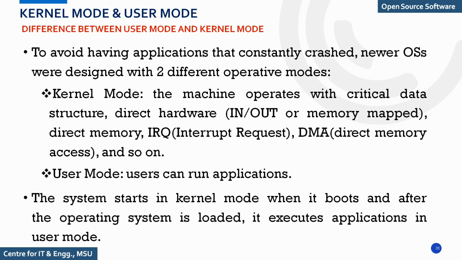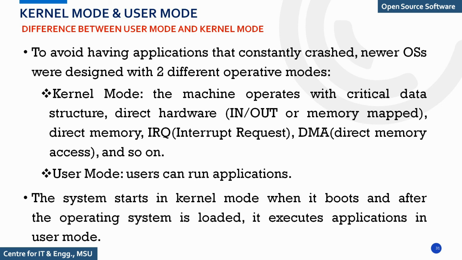To avoid having applications that constantly crash, newer OSs were designed with two different operative modes. One being the kernel mode, as we all see. In kernel mode the machine operates with critical data structures, direct hard drive access, that is input output or memory mapped, and direct memory, IRQ interrupt request, DMA, that is direct memory access, and so on.